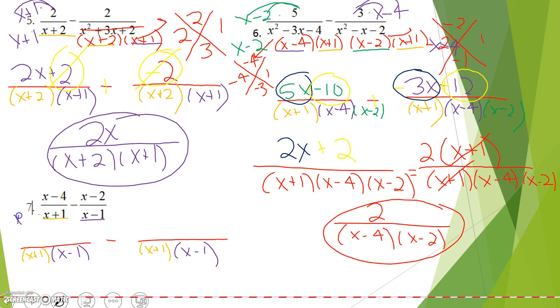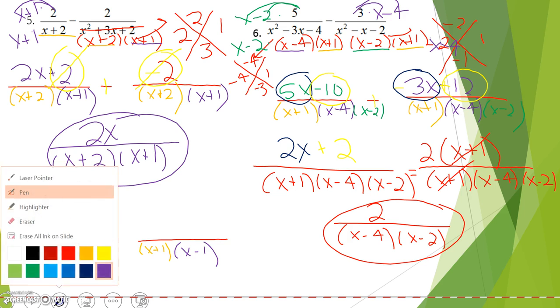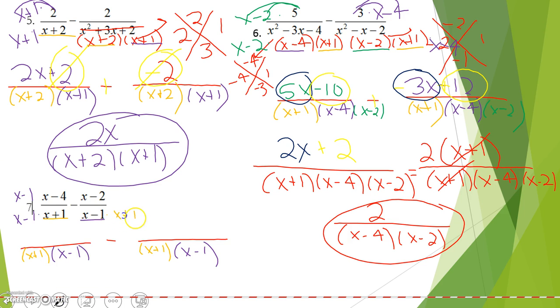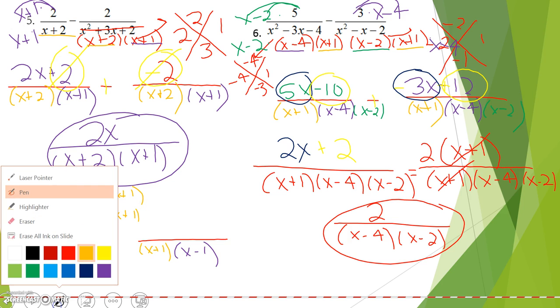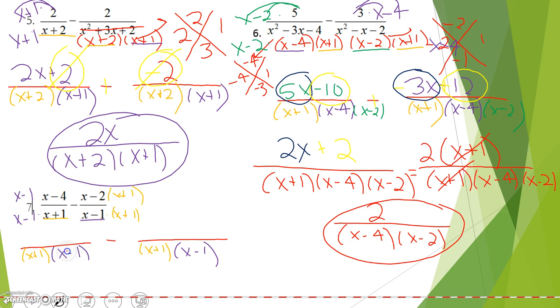That means I need to multiply the first one by the x minus 1, and the second one by x plus 1. Now this is a little bit tricky because whenever we multiply the tops by what they're missing, you need to do the foiling method or the box method. So off to the side, I'm going to make myself a box. I put x minus 1 up top and x minus 4 down the side.